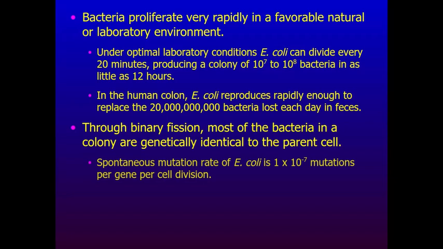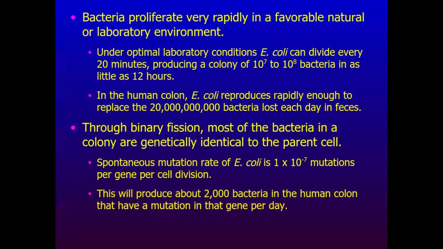It's not very high. However, because you have hundreds of billions of these bacteria in your gut, there'll be at least one mutation in every single gene somewhere in your gut, and actually there'll be 2,000 of them on average.